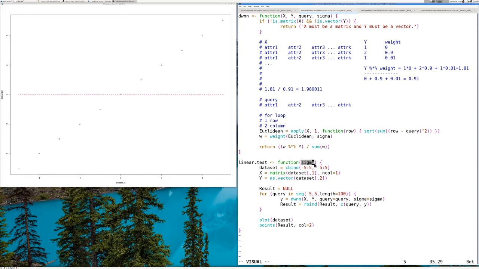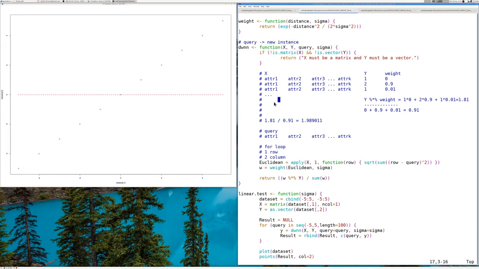If I set sigma equals to infinity, I'm just considering R defines infinity. Of course, infinity is indefinite, we know it, but it's going to define as the greatest possible value, okay? And it's going to pass that as my sigma. And when it comes down to my dWNN function over here, I will measure the Euclidean distances as before.